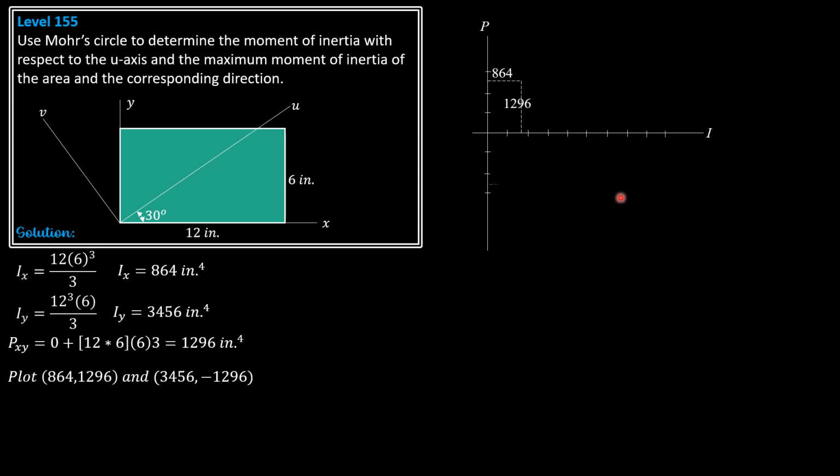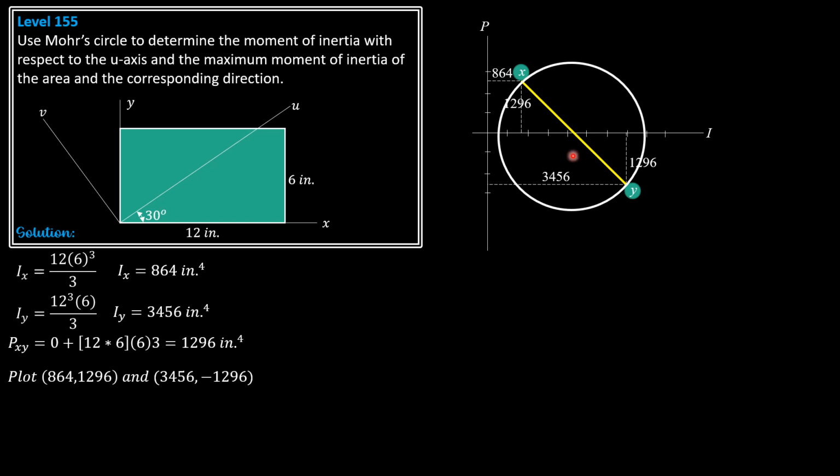Then negative 1296. Connect the two points with a straight line, which is the diameter of the Mohr circle, and draw the circle. That's the x-axis, this is the y-axis here, and then the circle.